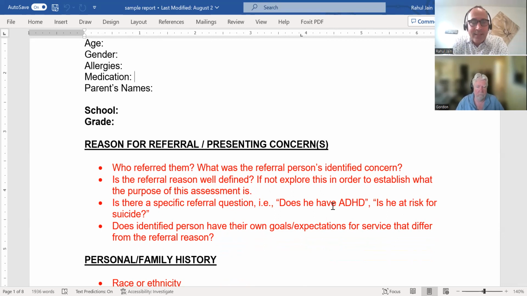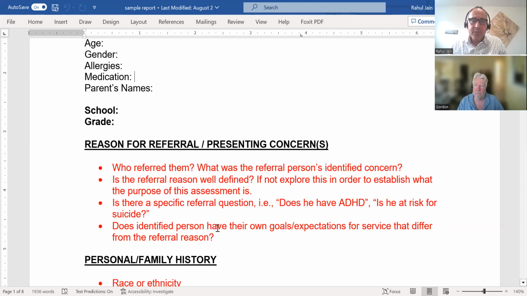I've personally received referrals from family physicians with only one word: depression, anxiety, family relationship. So it's important to clarify with the agency making the referral, as well as when you meet with a client, ask them what their presenting concerns are.